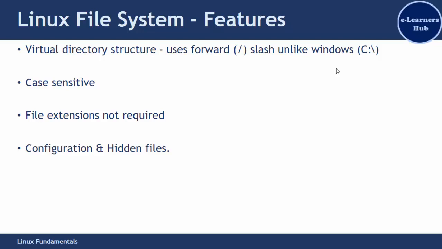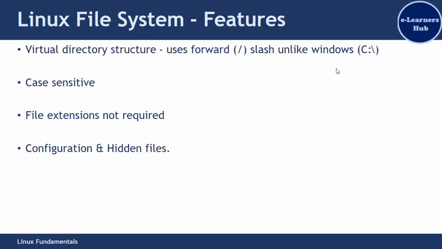The main directory, that is the root directory, is represented by a slash. As in Windows we have C:/, similarly here a slash is represented as the root directory and the main directory. All the files and directories are case sensitive.